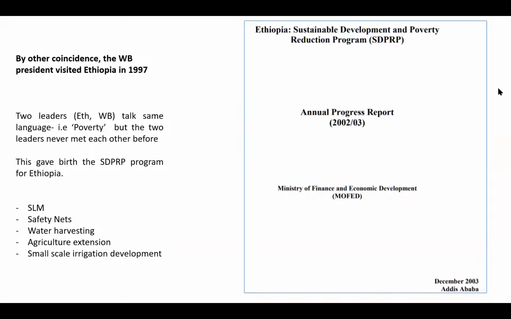The two counterparts talked the same or similar language: eradicating poverty, pro-poor growth, environmental rehabilitation, protection of basic services, etc. The meeting between the two and the learning from successes and failures of ADLI gave birth to what we call the Sustainable Development and Poverty Reduction Strategy, called SDPRP. Well, of course, the meeting had also other benefits for Zenawi. He came to the forefront of global debate around poverty reduction.